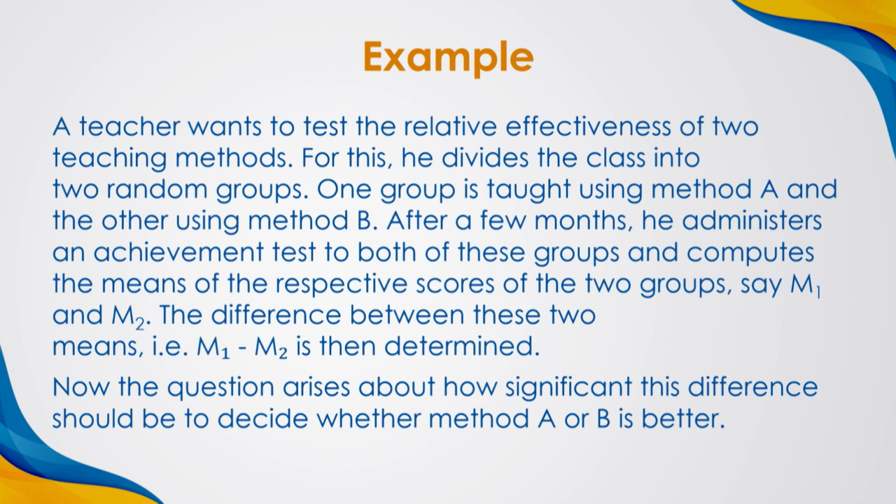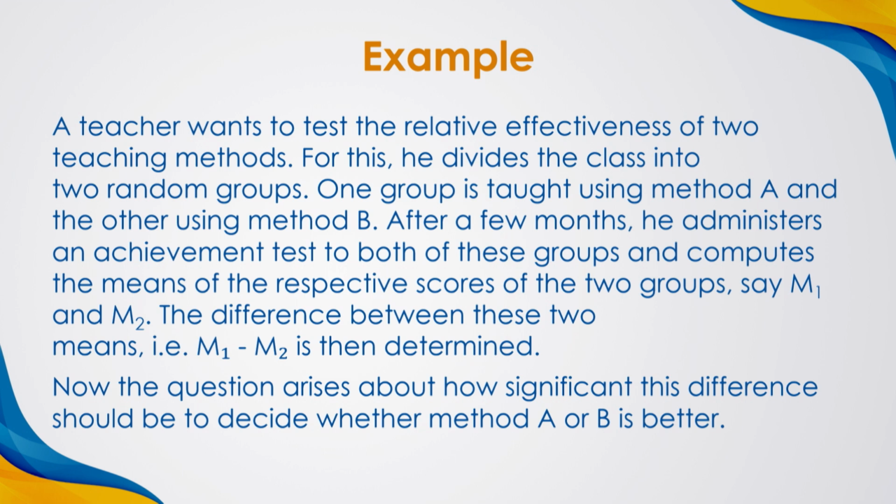Example, we can consider a teacher who wants to test the relative effectiveness of two teaching methods. For this, he divides the class into two random groups. One group is taught using method A and the other using method B. After a few months, he administers an achievement test to both of these groups and computes the means of the respective scores of the two groups, say M1 and M2.